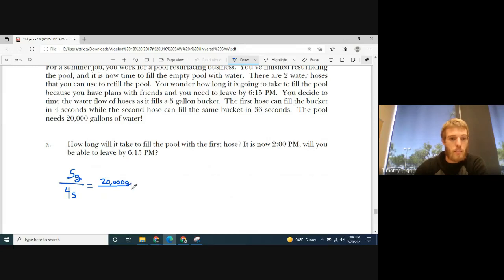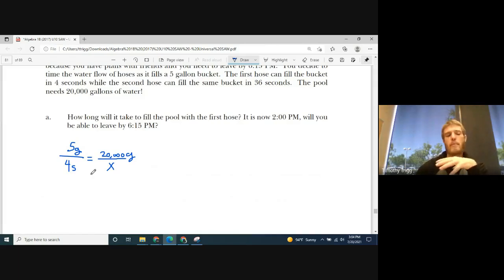Okay, so I could set up a proportion here, 20,000 gallons, and I want to know how many seconds that is going to take. So I could set up a proportion here where I'm solving for X. This will tell me how many seconds it takes to fill up the 20,000 gallon pool.